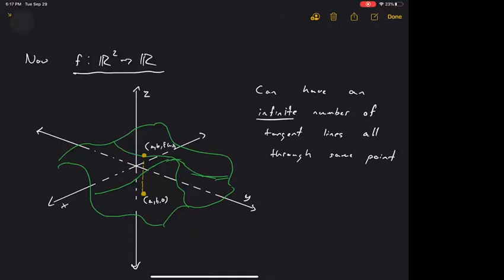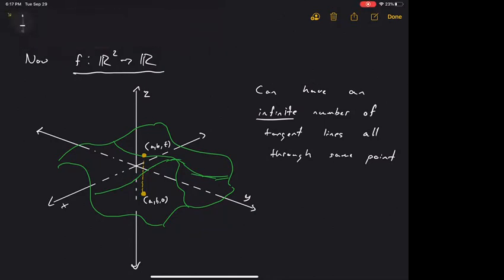Okay. I'll just write (a, b, f). All right. Now, don't worry about the coordinates too much.